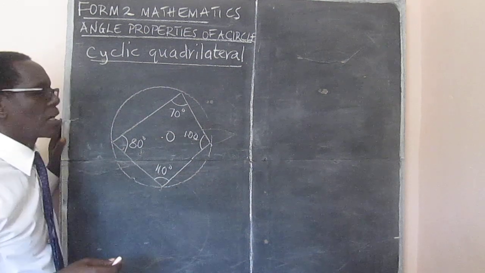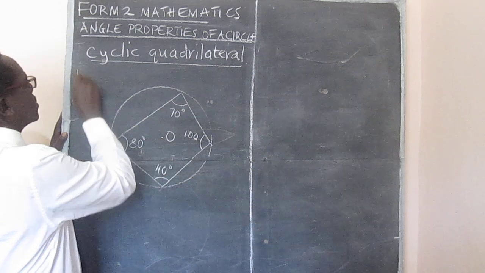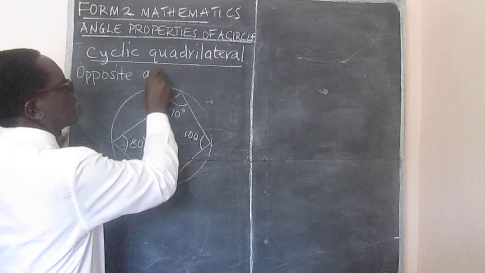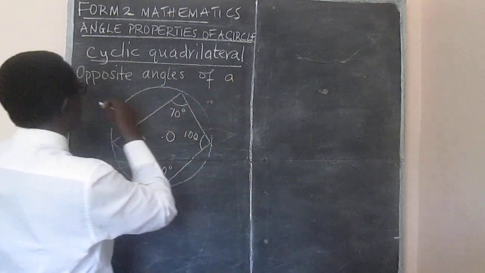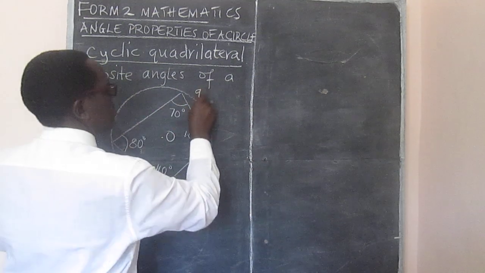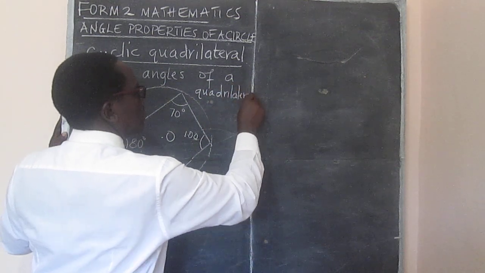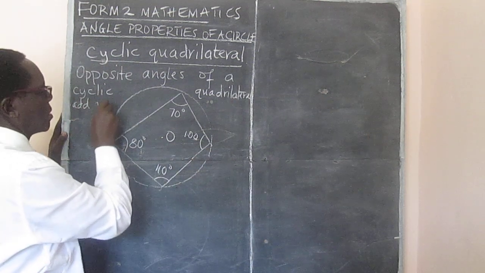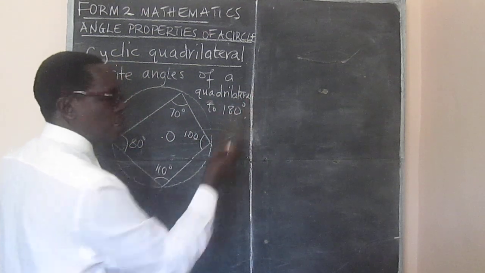So the theorem we are looking at today states that the opposite angles of a cyclic quadrilateral add up to 180 degrees.